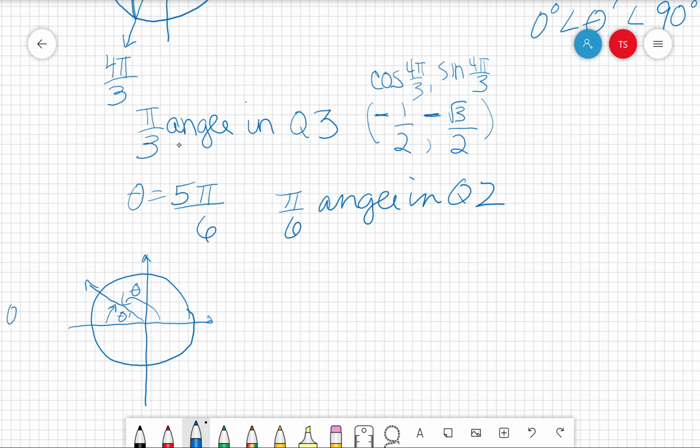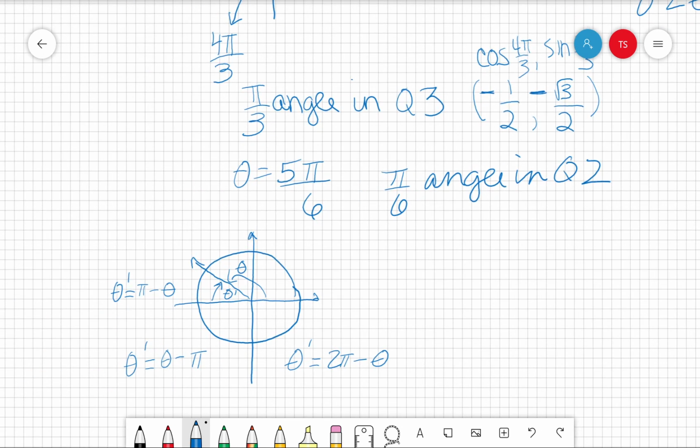So theta prime is equal to pi minus theta. And if we were in quadrant 3, theta prime would be theta minus pi. And in quadrant 4, theta prime would be 2 pi minus theta.